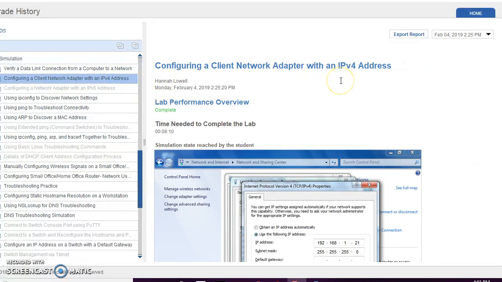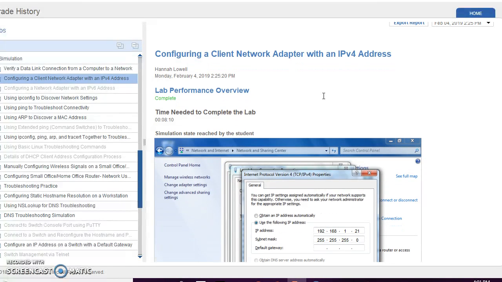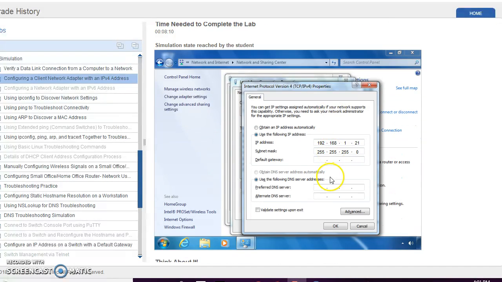Here we have configuring a client network adapter with an IPv4 address. And you can get IP settings assigned if your network can support the capabilities.